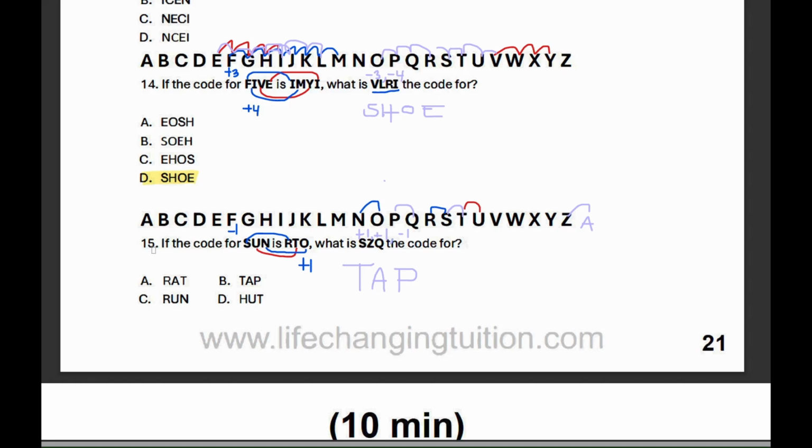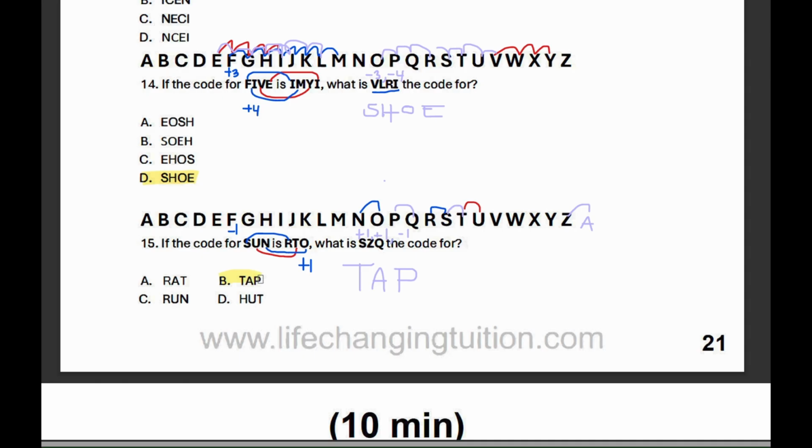Number 15. Codes. If sun, SUN, is to RTO, SZQ is the code for what word? Your options are A, rat, B, tap, C, run, D, hut.